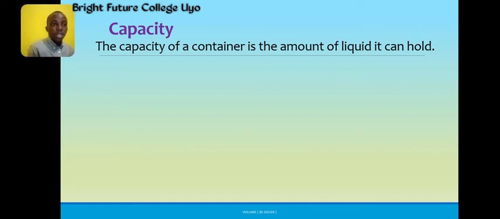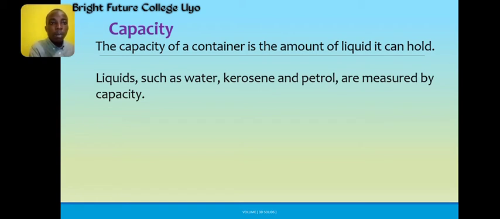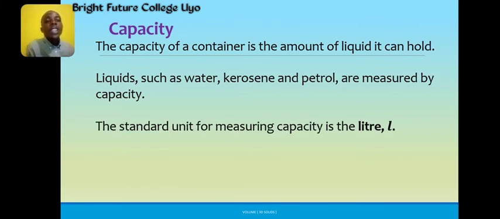Volume is the amount of space it occupies, while capacity is the amount of liquid, either kerosene tank, water tank, fuel tank, whatever has to do with capacity. Now, you need to understand that liquids, water, petrol, kerosene are measured by capacity. You have seen that fuel tanker, they will put there 33,000 liters, because the unit of capacity is liters, L. You have seen 25 liters.